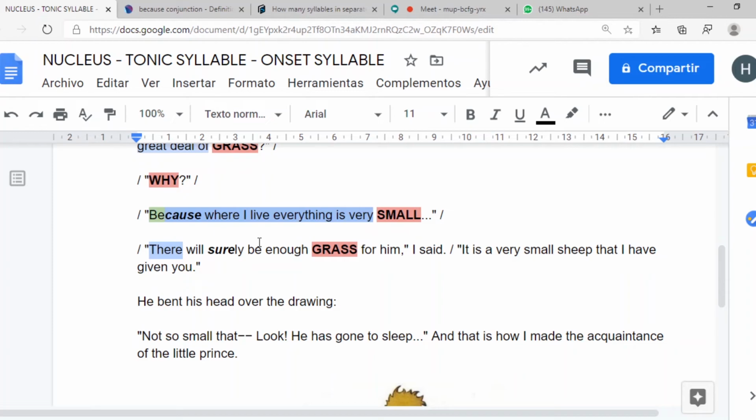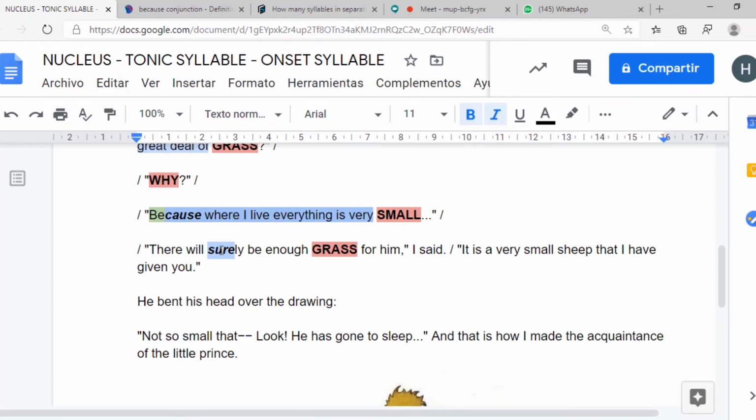You can stress there just when you use it as an adverb of place, demonstrative too. So if you use it as an existential pronoun, you don't stress this word. So this is your first stressable word.